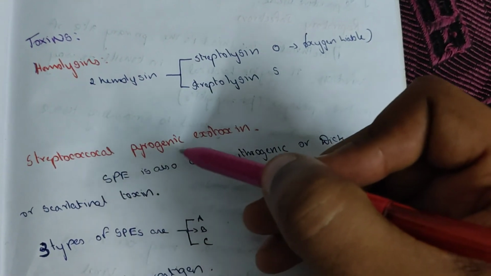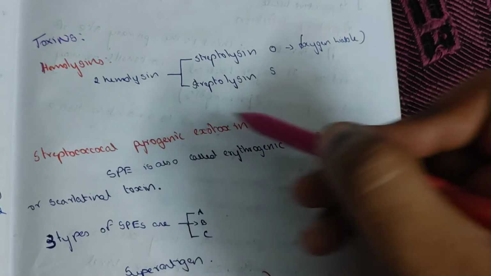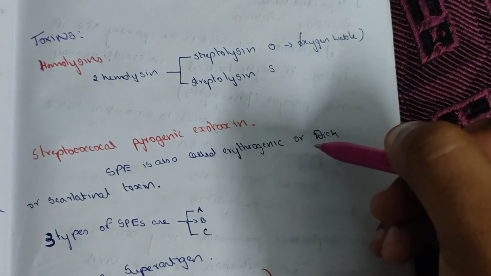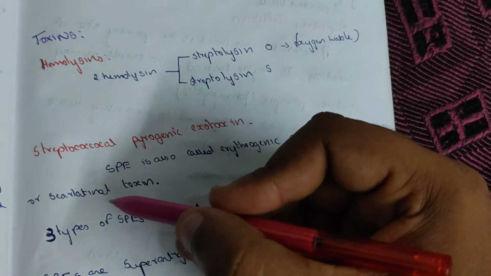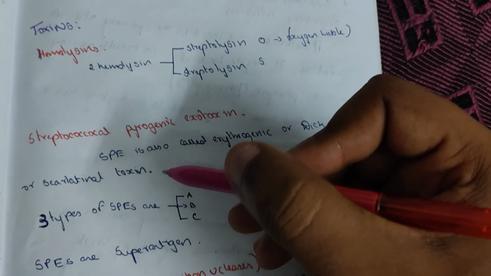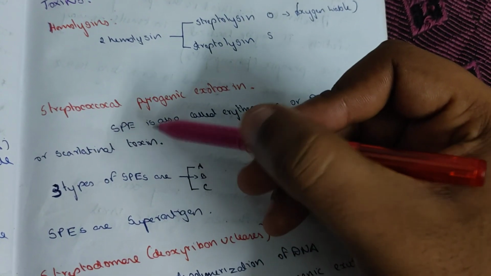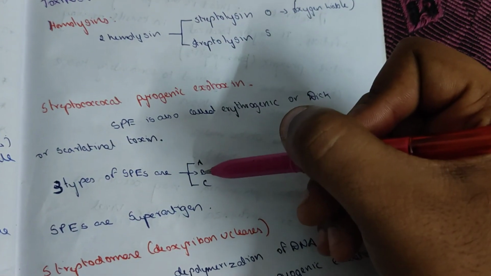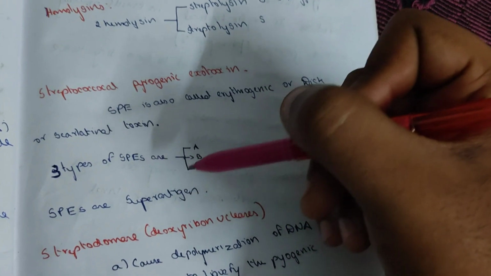Streptococcal pyrogenic exotoxin, known as SPE, is also called erythrogenic or scarlet toxin. There are three types of streptococcal pyrogenic exotoxin, A, B and C, and these are known as superantigens.